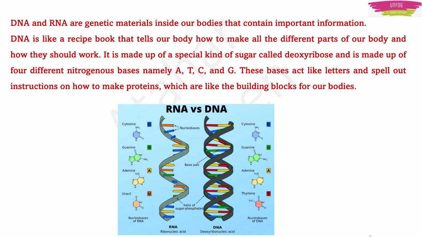It is made up of a special kind of sugar called deoxyribose, and it is made up of 4 different types of nitrogenous bases, namely A for adenine, T for thymine, C for cytosine, and G for guanine. These bases act like letters and spell out instructions on how to make proteins, which are like the building blocks of our bodies.